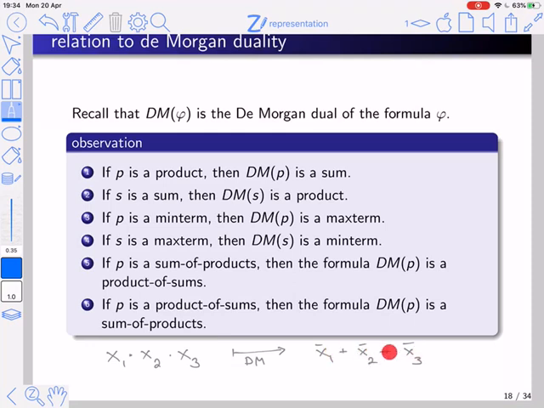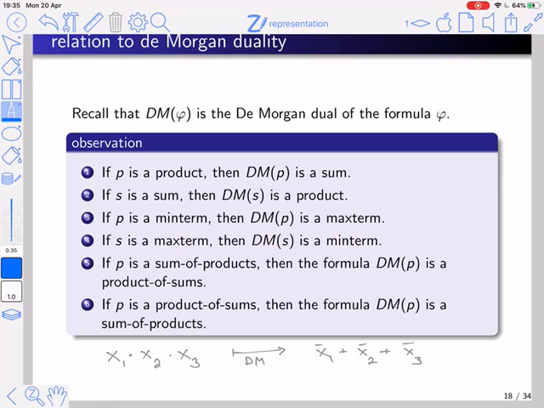And this is now a sum. So if I start with a product, the DeMorgan dual gives me a sum. Conversely, if I start with a sum, the DeMorgan dual gives me a product. If every variable appears in my product, then every variable appears in the sum. And therefore, if I have a min-term, the DeMorgan dual gives me a max term. Conversely, if I start with a max term, I apply the DeMorgan dual, I get a min-term.